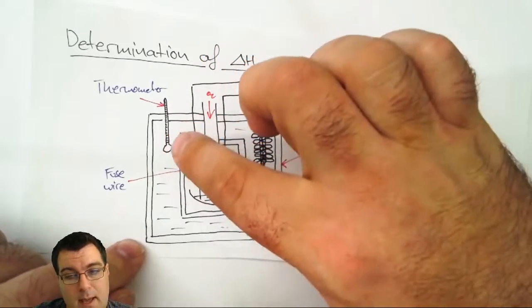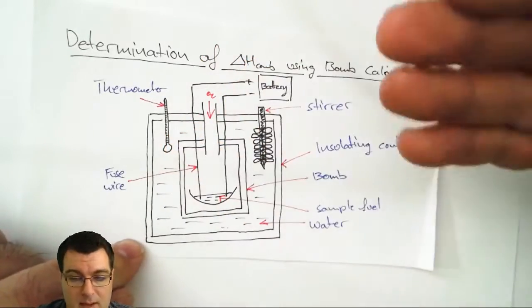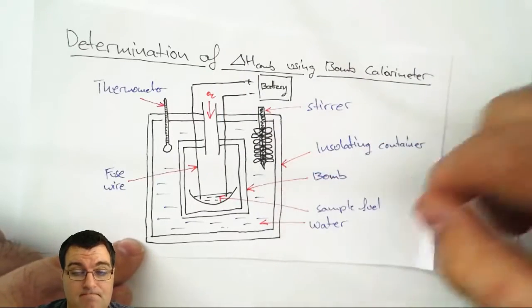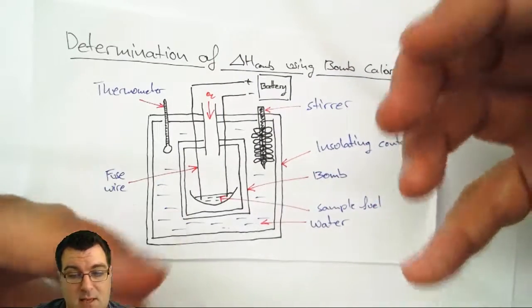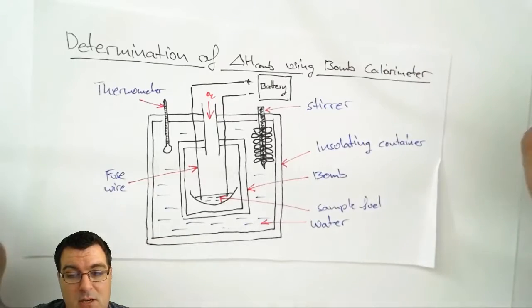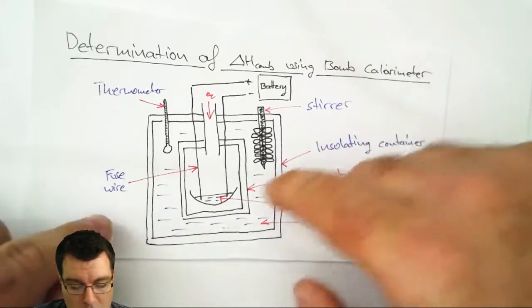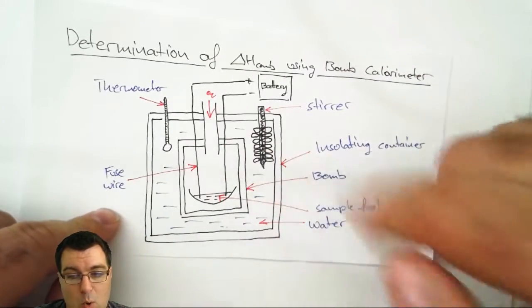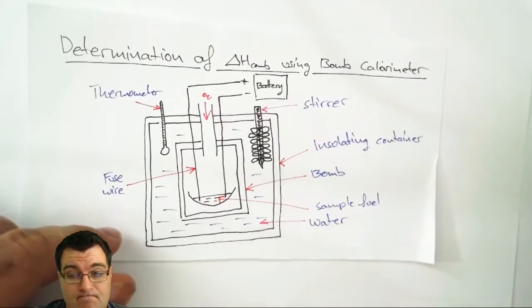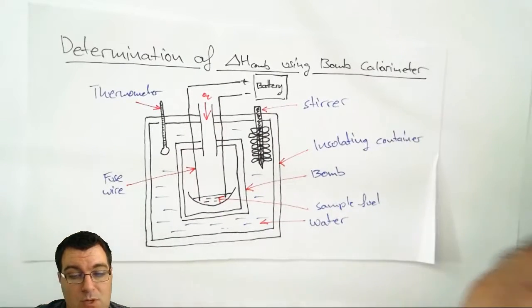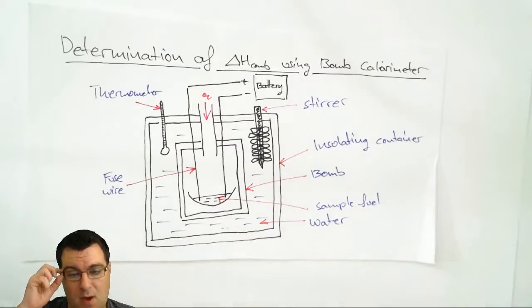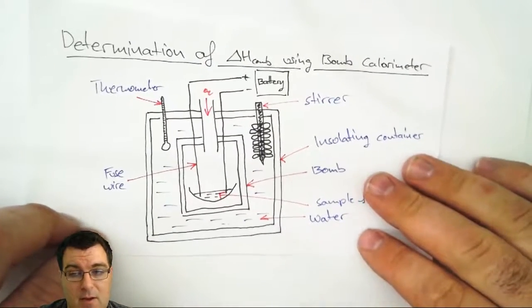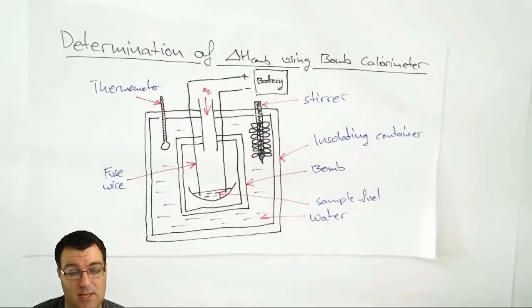And we'll have a thermometer, again calibrated, that will tell us the exact temperature change of the water or oil jacket surrounding the bomb. We'll use that to find a very accurate value in a professional context.